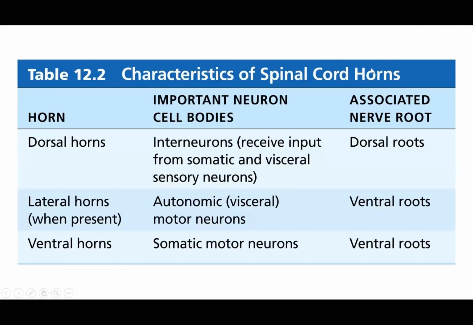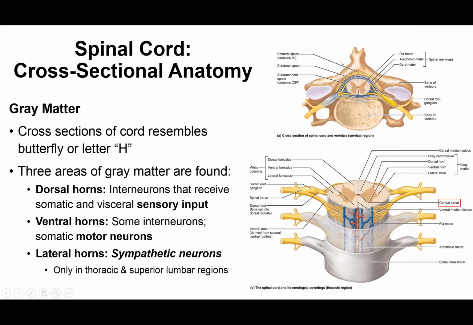All right, so here is just a nice table that's summarizing the horns, what cell bodies are there, and which nerve roots are associated with them. And so I'm just going to go back to this picture for one second and highlight.